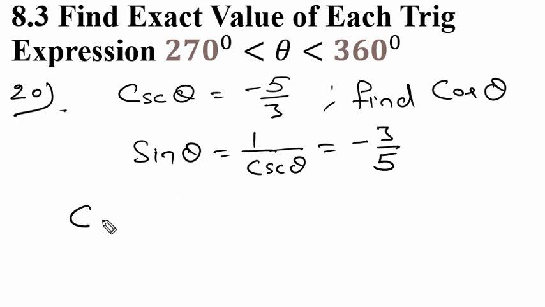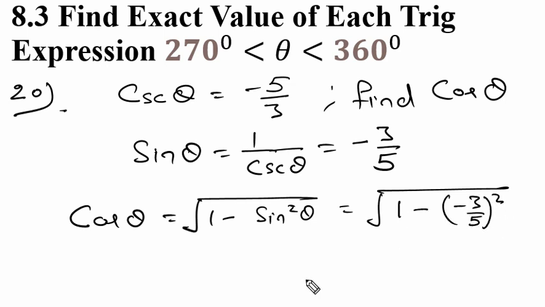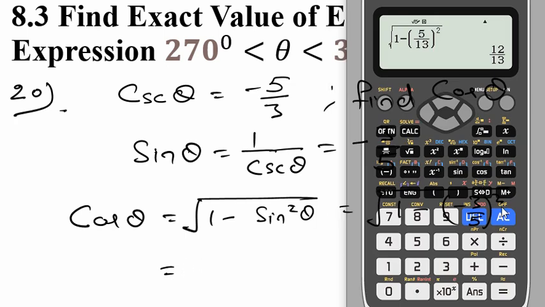Now for cos theta, I have told you multiple times, it is the square root of 1 minus sine square theta, using the trigonometric identity. So square root of 1 minus (negative 3 over 5) square. Let's use the calculator. I'm not good with this kind of calculator, so I have to do it slowly.